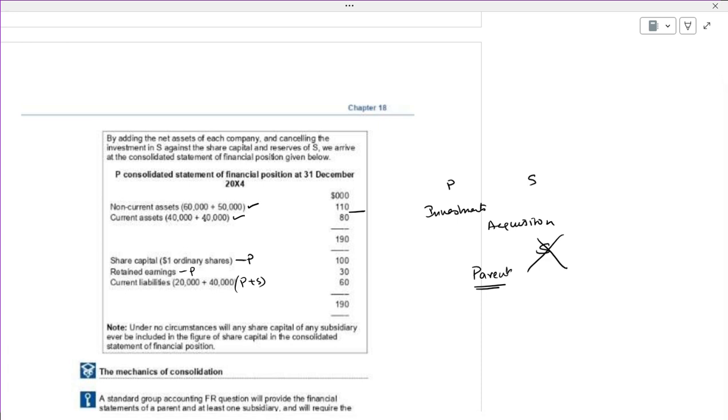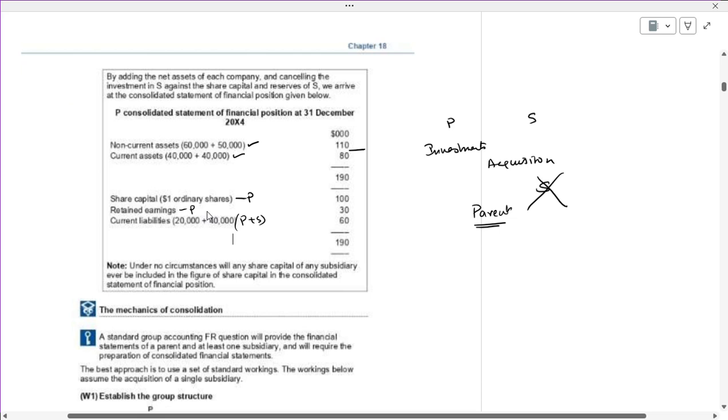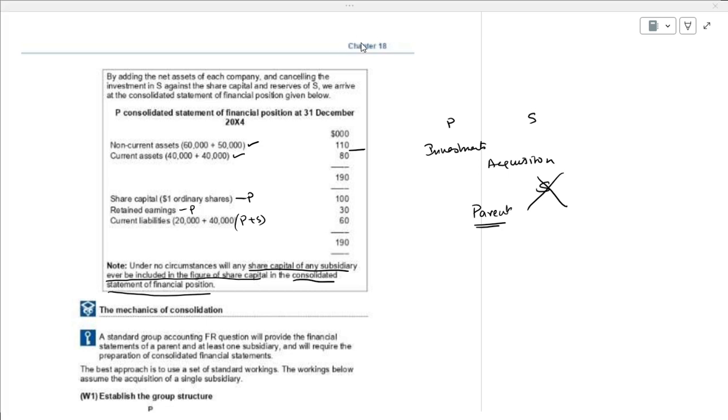Under no circumstances, see the thing, they make it very clear, under no circumstances will any share of any subsidiary ever be included in the figure of share capital in the consolidated statement. Very clearly, very hard hitting words.